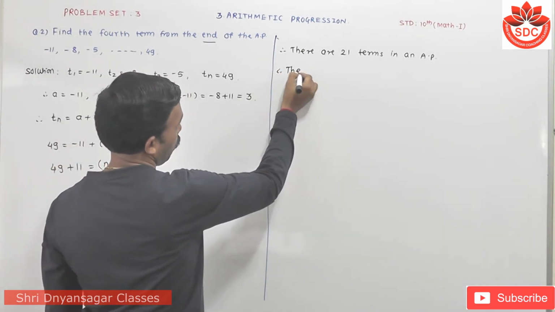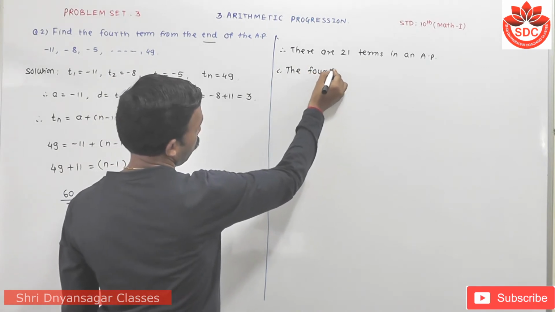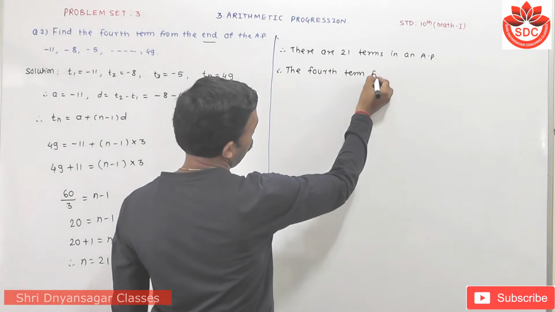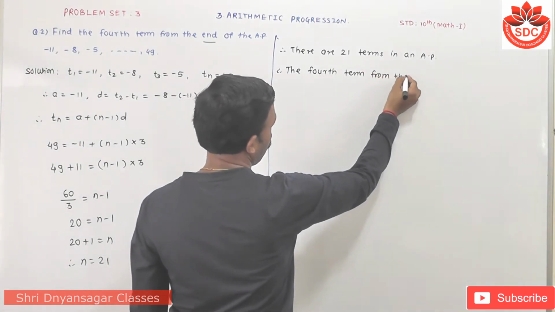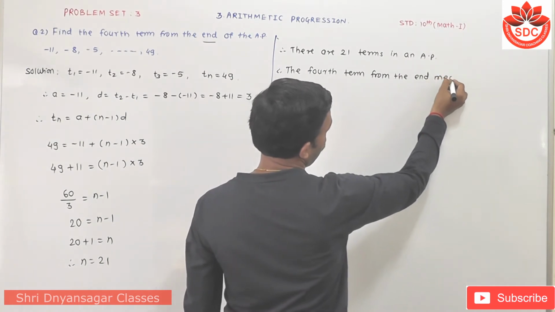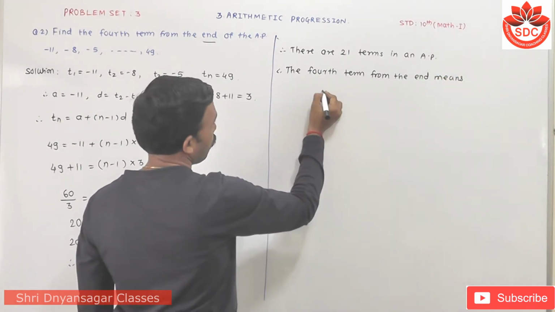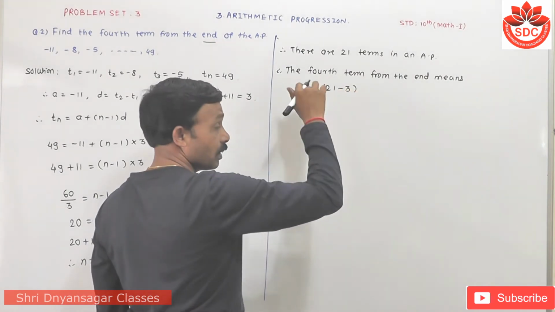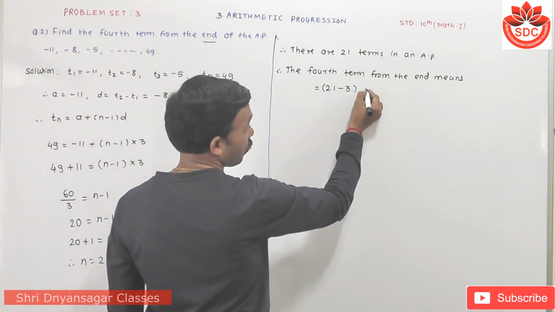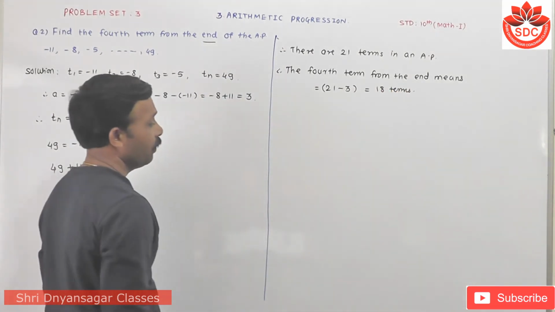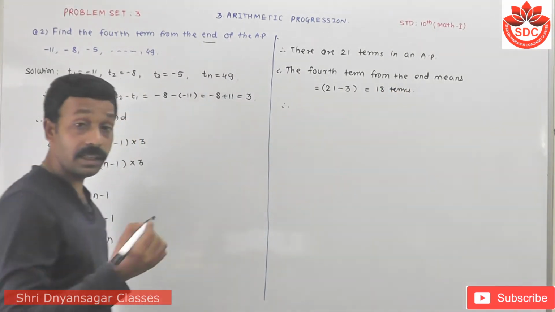The fourth term from the end means you have to take 21, 20, 19 and 18. So first we have to find the fourth term from the end, which is 21 minus 3, because 21 is taken as one here, so it is equal to the 18th term. Therefore we have to find out the 18th term here.